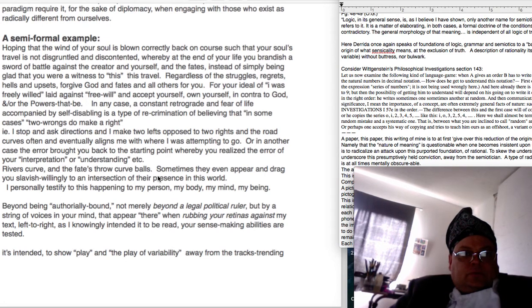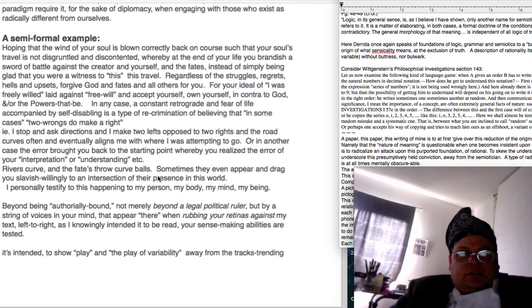Subchapter: A semi-formal example. Hoping that the wind of your soul is blown correctly back on course such that your soul's travel is not disgruntled and discontented, whereby at the end of your life you brandish a sword of battle against the Creator and yourself and the fates, instead of simply being glad that you were a witness to this travel.